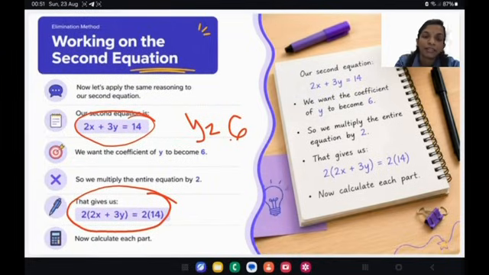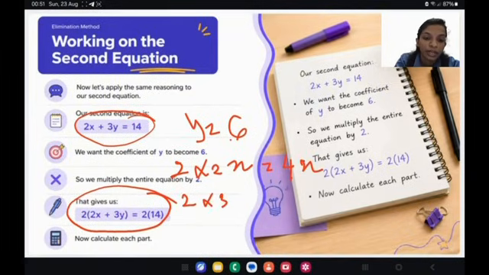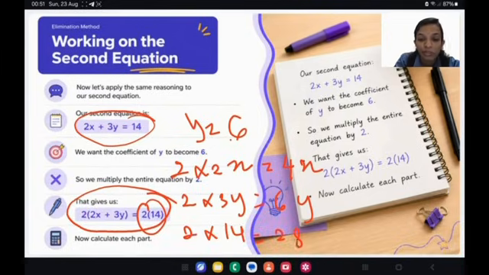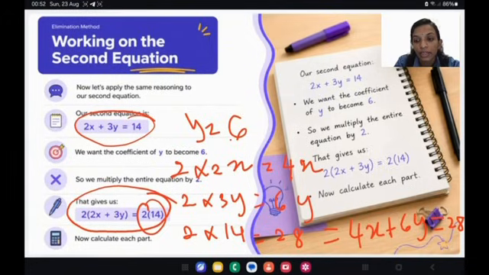Okay, let's recalculate. 2 times 2x equals 4x. 2 times 3y equals 6y. 2 times 14 equals 28. So the new equation becomes 4x plus 6y equals 28.